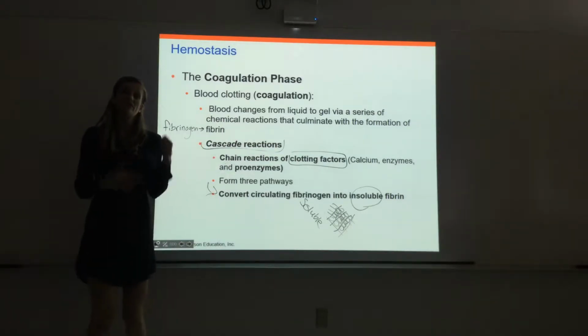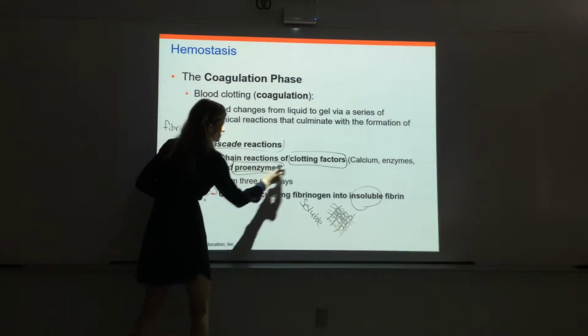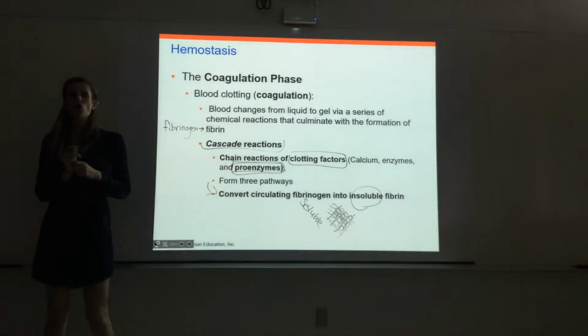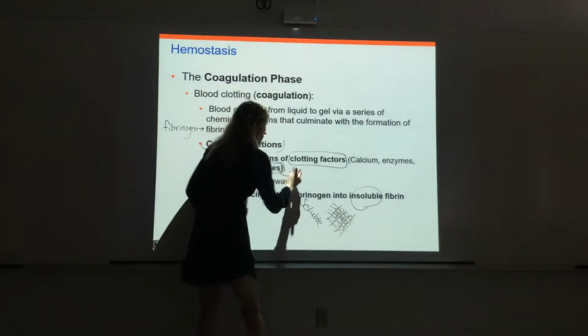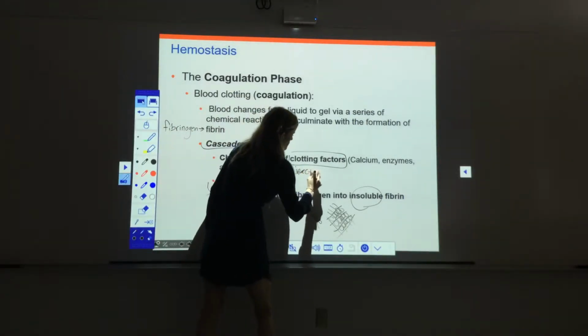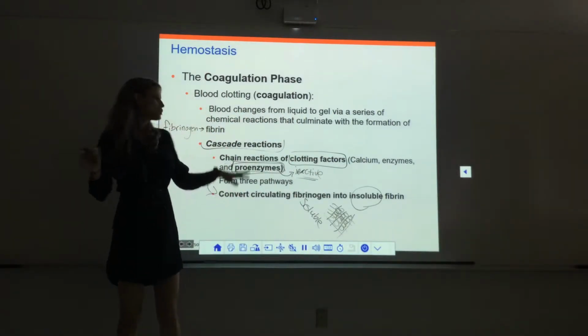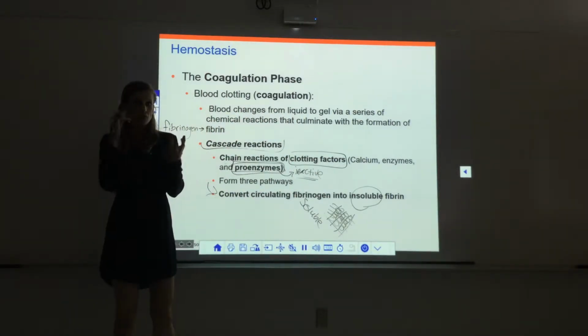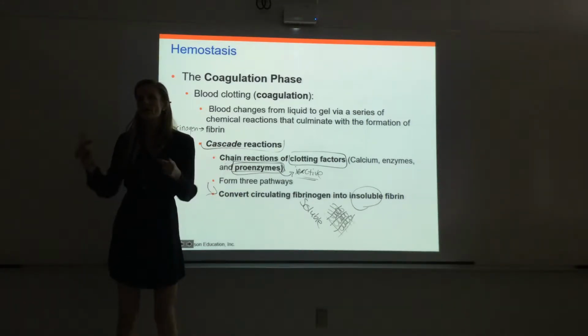There are some enzymes involved, but more importantly, we utilize a lot of proenzymes. A proenzyme is inactive. It doesn't work, it doesn't do anything. So we have a lot of these clotting factors or proenzymes that are just floating around in our bloodstream, but they're not able to actually do anything yet.